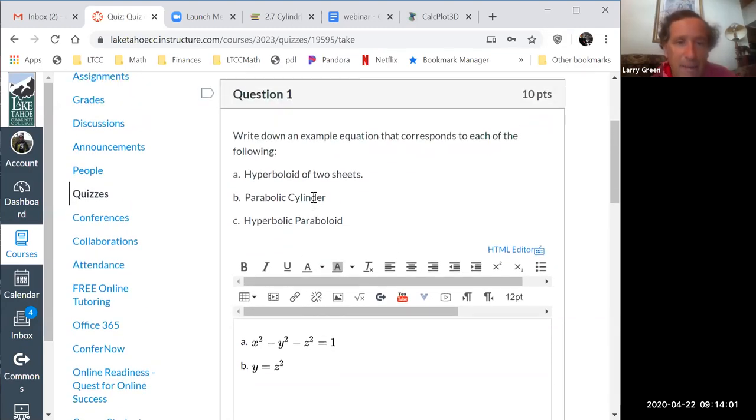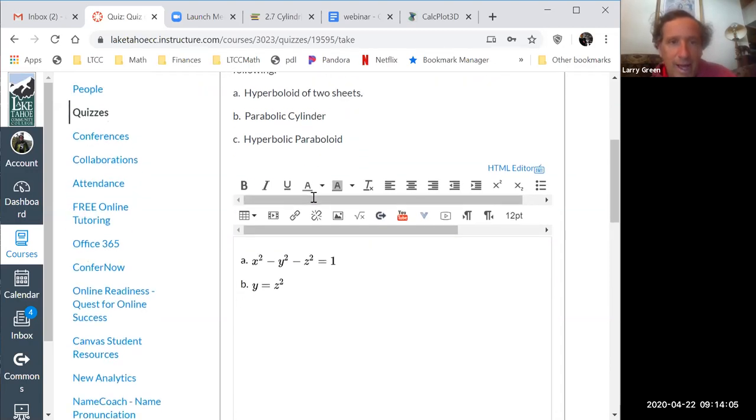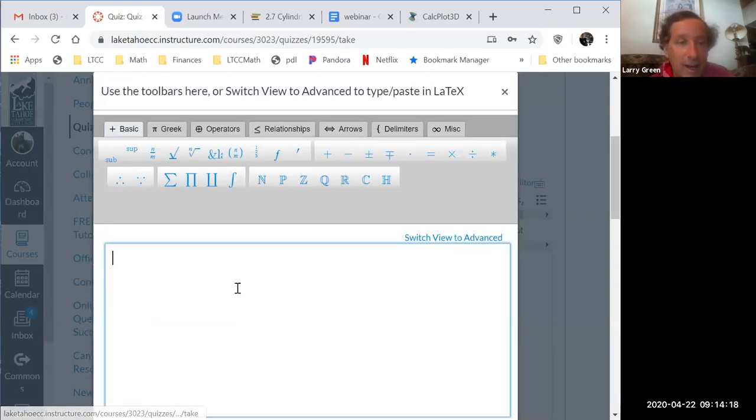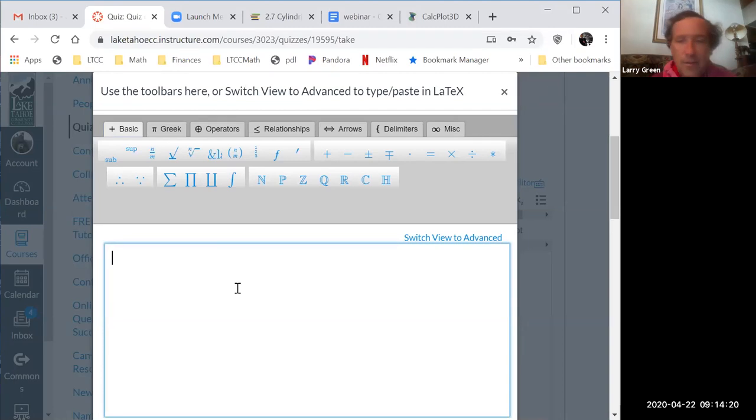Part C, hyperbolic paraboloid. So that means we're kind of mixing a hyperbola and a parabola. So let's take a look. If you're going to mix a hyperbola and a parabola, well, a hyperbola has 2 squares with opposite signs.